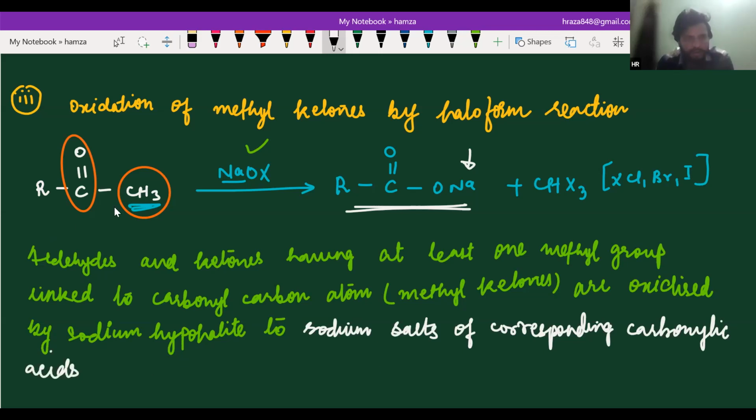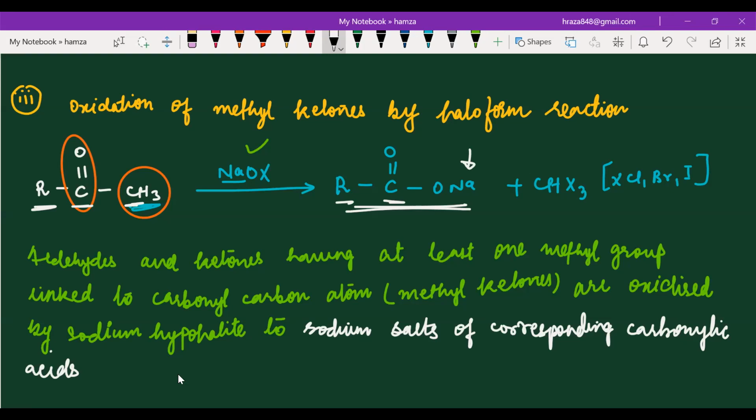And you can see there are two carbons with one alkyl group, but in the product you will get only two carbons. That means whatever the number of carbons in the reactant, the number of carbons in the product will be one lesser. Are you getting my point?